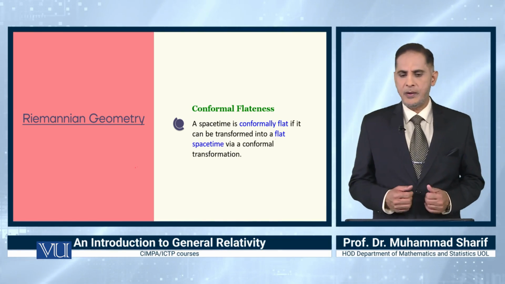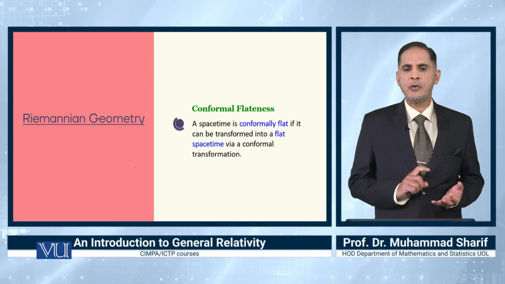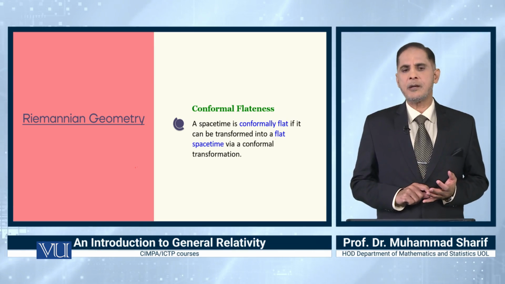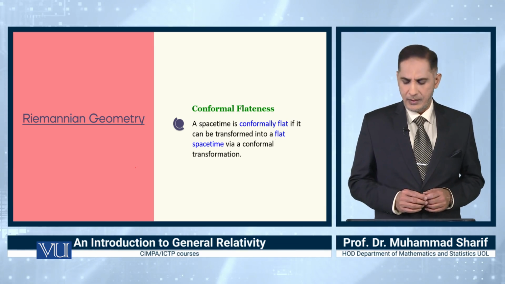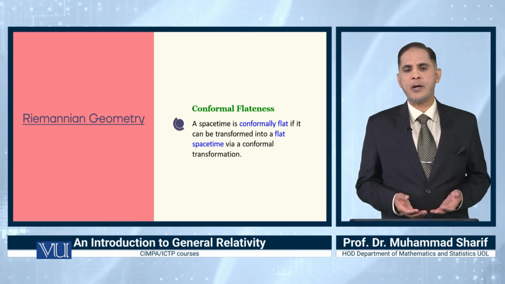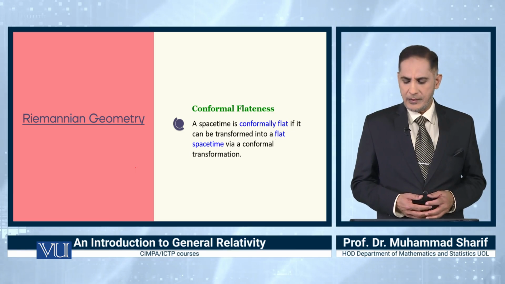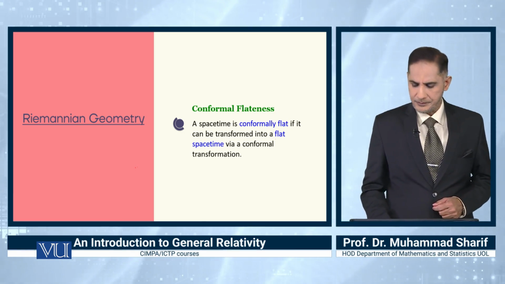So it is in fact an interesting concept. You can transform a curved space-time to a flat space-time under this transformation. So if this can be transformed, then we can say that this is a conformally flat space-time.